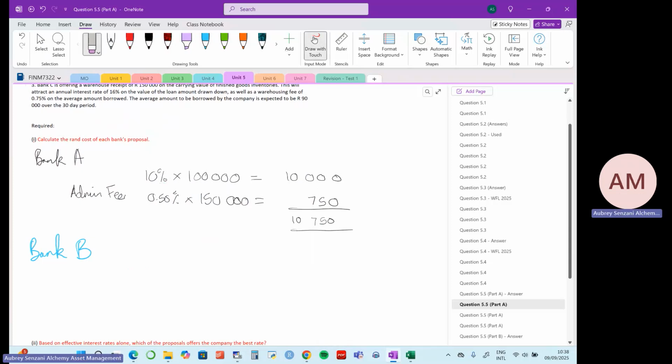Okay, so let's just see something. You are saying, let me erase this to create space. You are saying 10%, right? Times 30 over 365. Is that right? Which does make sense.